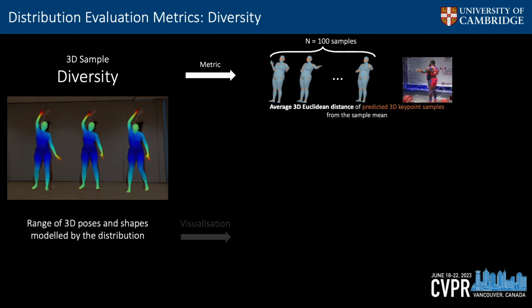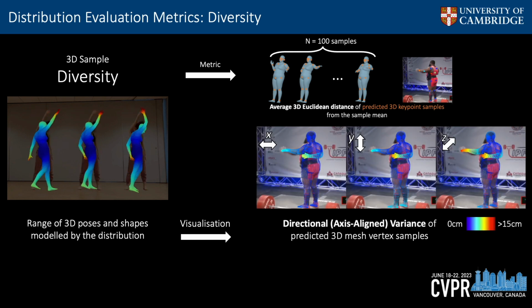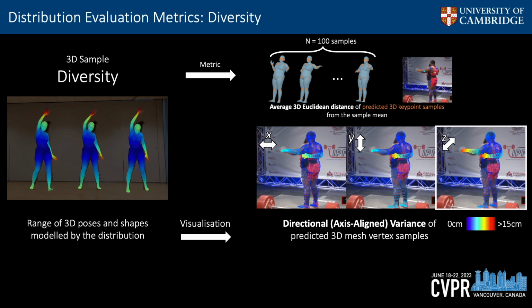In addition, we visualize sample diversity using the variance of 3D body vertex coordinates along the x, y, and z axes, where the z-axis corresponds to depth perpendicular to the image plane. We expect to see greater 3D variance along the depth direction and for occluded vertices.